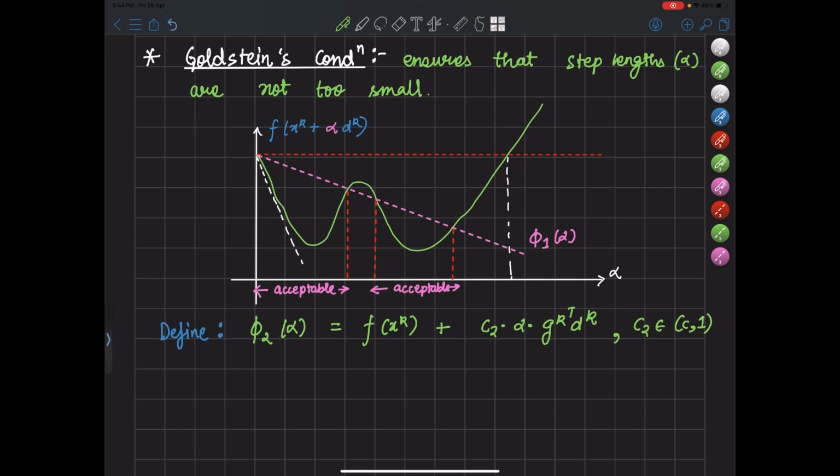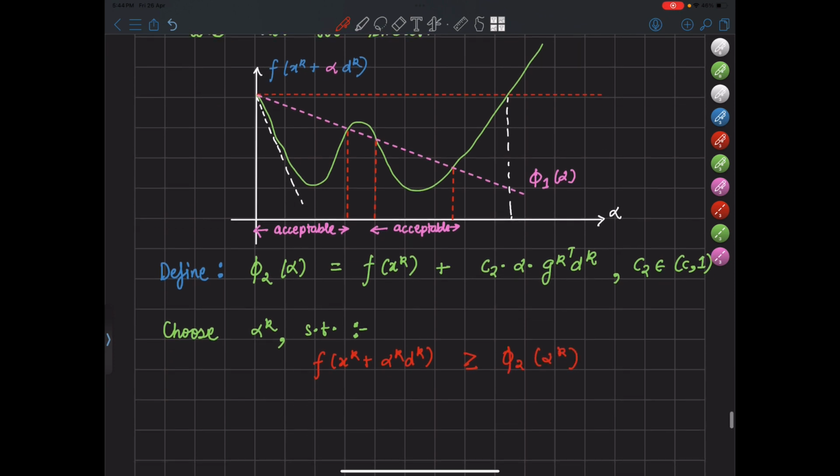So this is the condition, and you choose alpha k such that f(xk plus alpha k dk) is greater than or equal to phi 2 of alpha k.